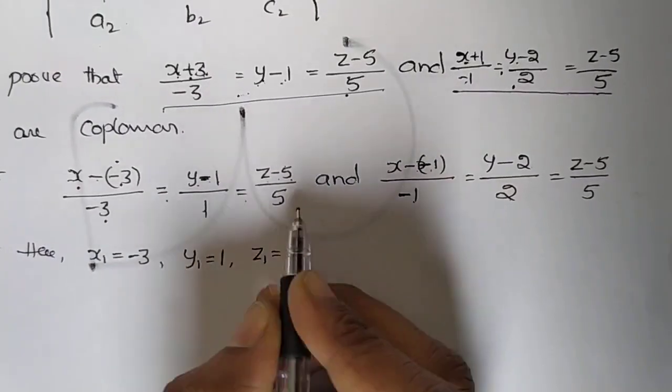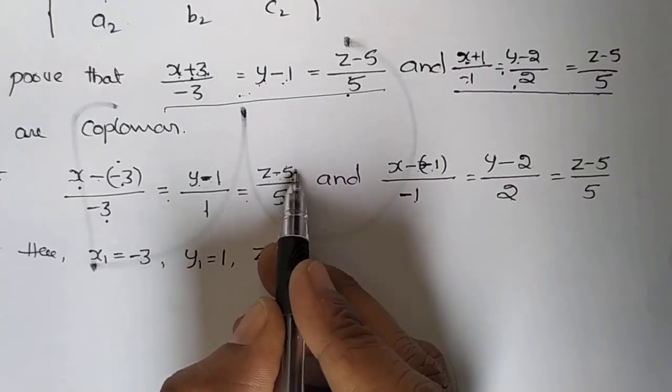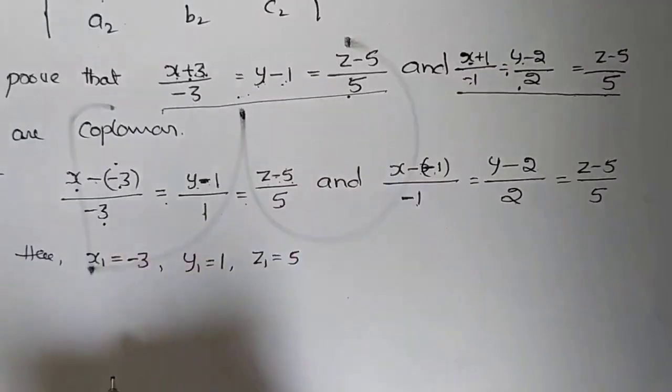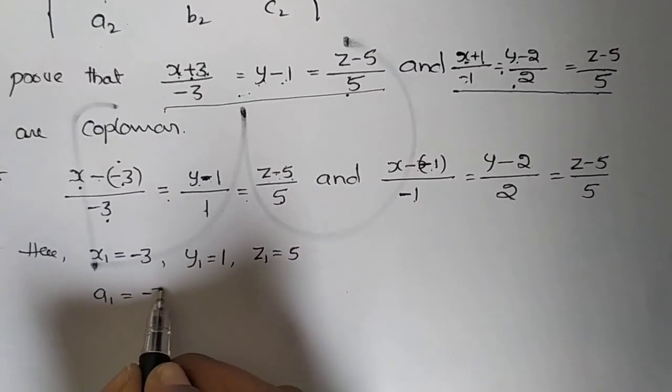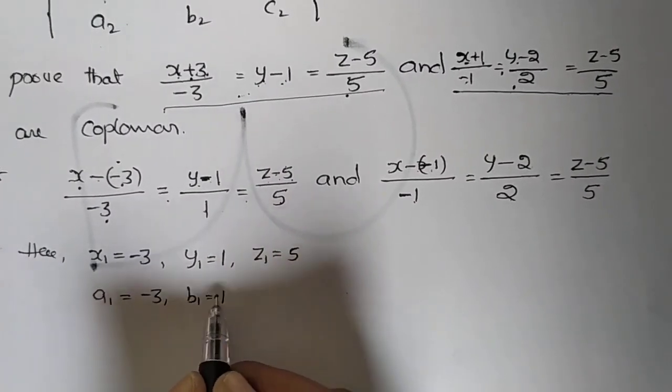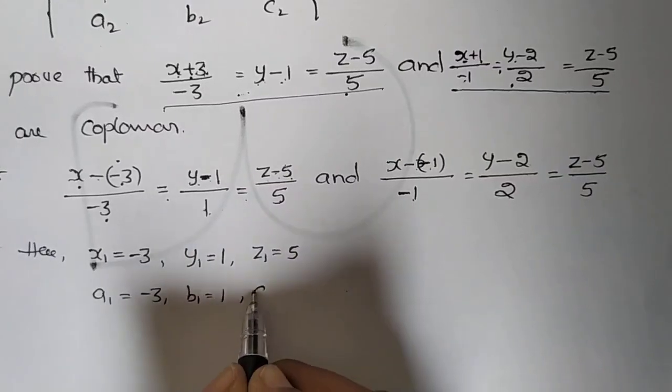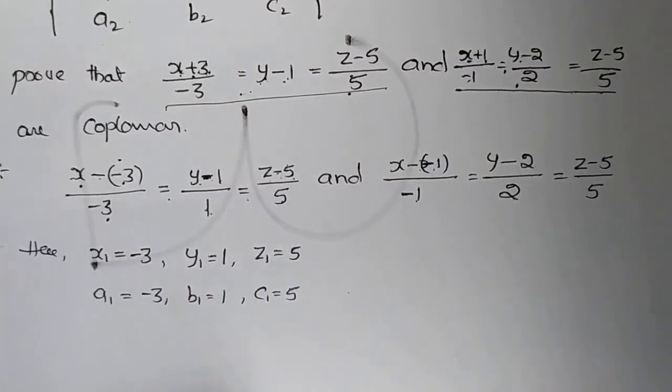What about z1? After the minus, we have plus 5. What about a1, b1, c1? a1 is minus 3, b1 is plus 1, c1 is plus 5. Understood?